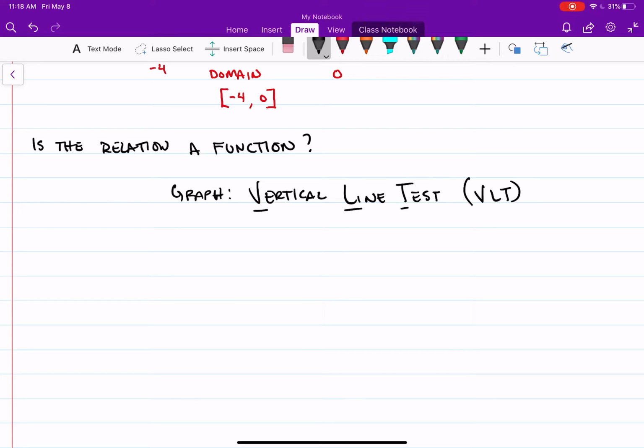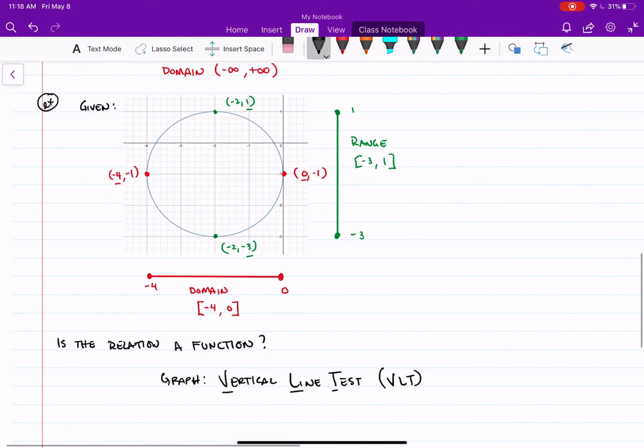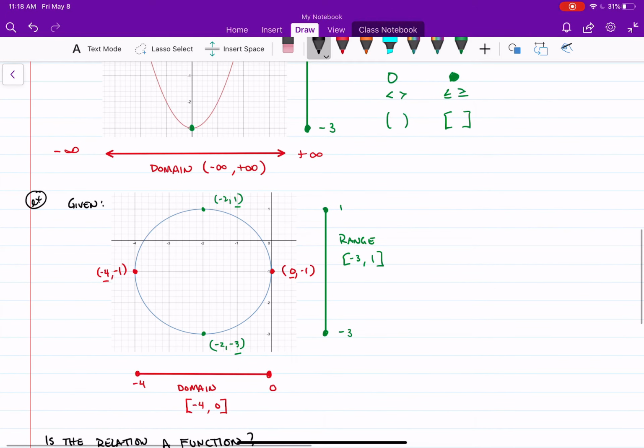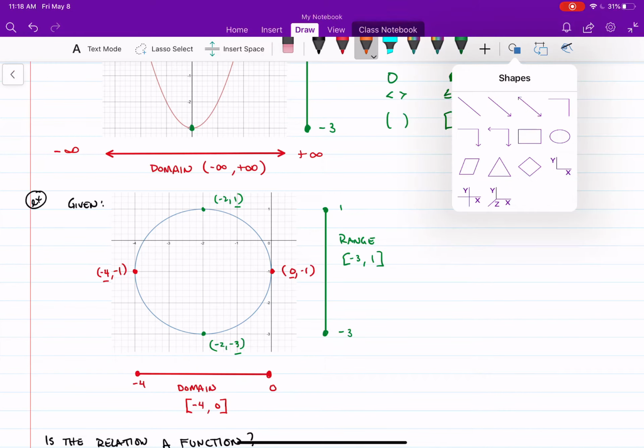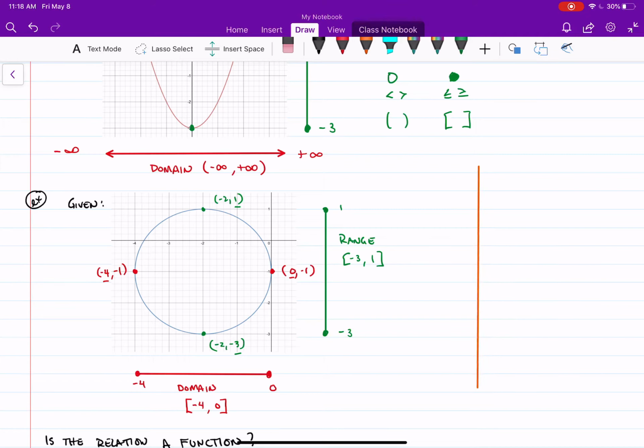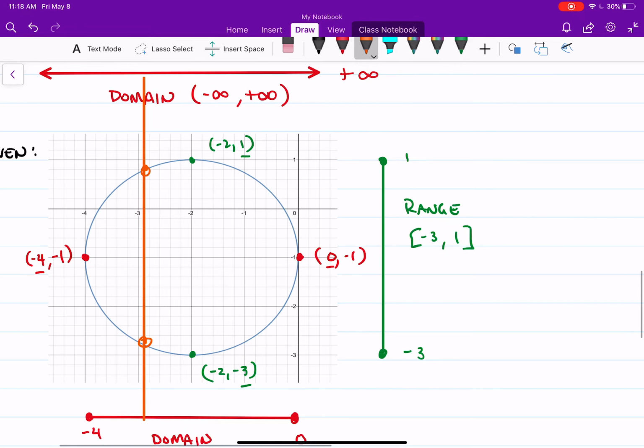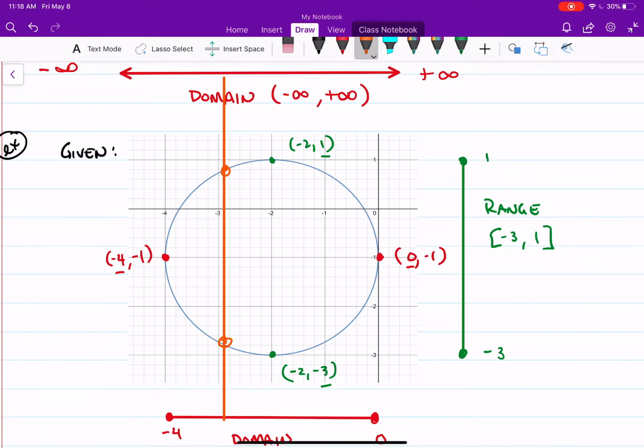What does that mean? It means that if I was to take a vertical line and place it anywhere on the graph, and I can cross the graph at more than one point, it is not a function.